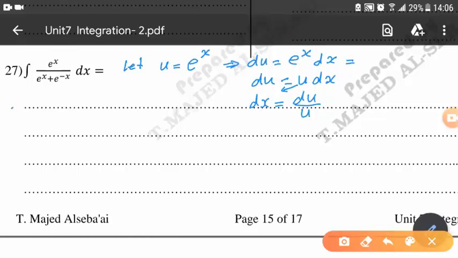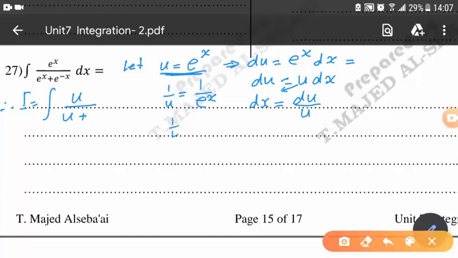Okay, good. Therefore, I equals the integration of u over u plus 1 over u. This is e to the power of negative x. What is it? See, if I put 1 over u, isn't that equal 1 over e to the x?